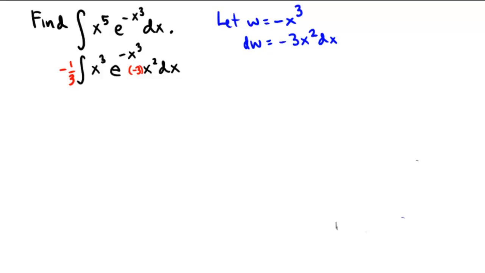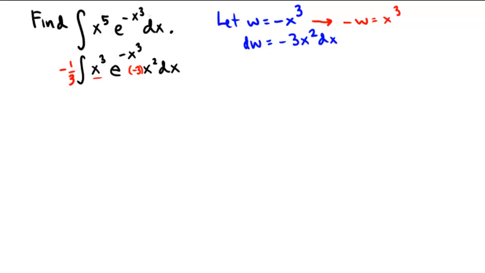Okay, also notice here that since w equals negative x cubed, that would mean that negative w is equal to positive x cubed. So I'm also going to be able to substitute for that x cubed that's floating around right there. Okay, so as we get ready to do that here, let's go down now into our substitution.